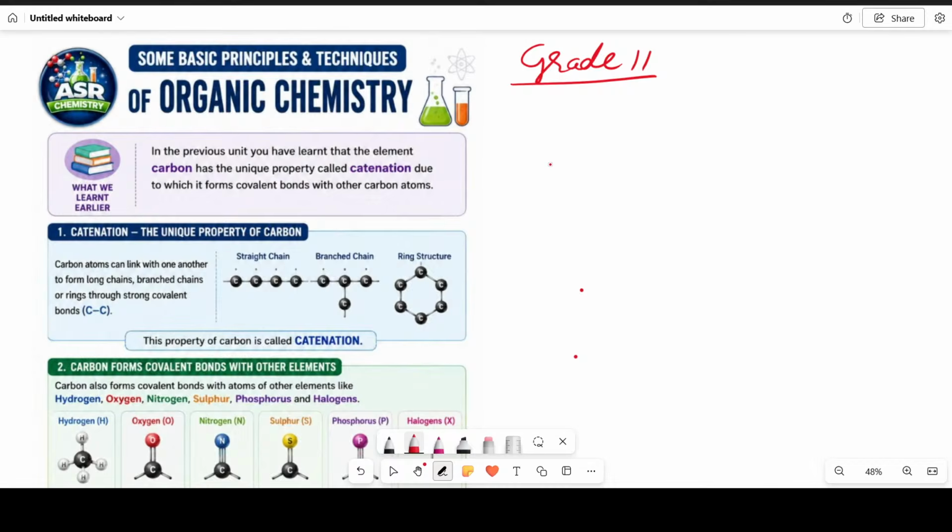Carbon atoms can link with one another to form long chains, which are either straight or branched chains, or ring structures.